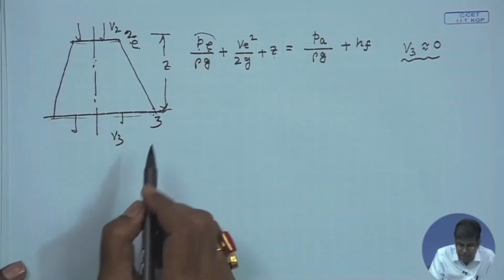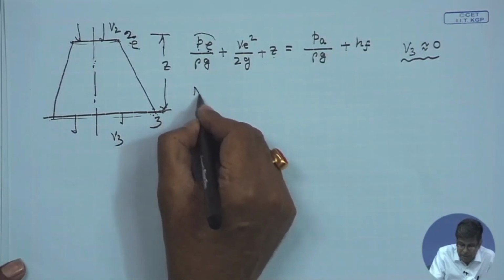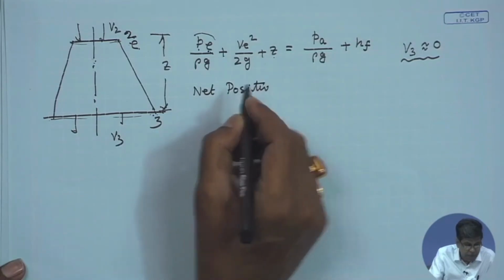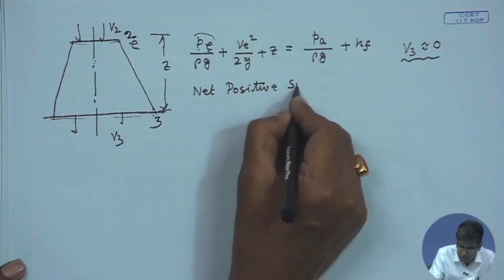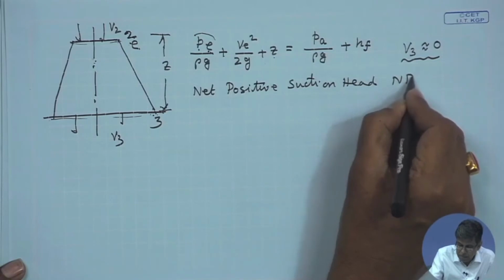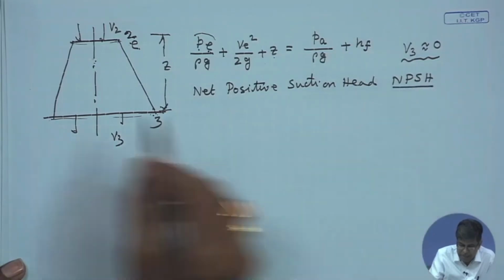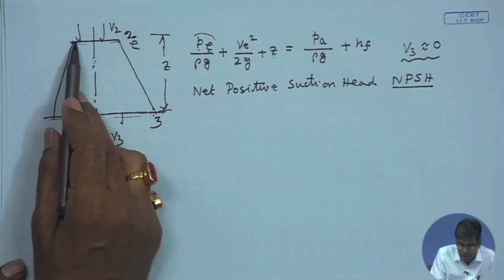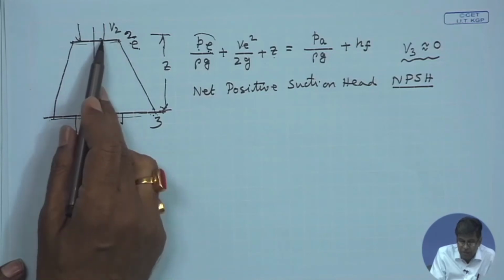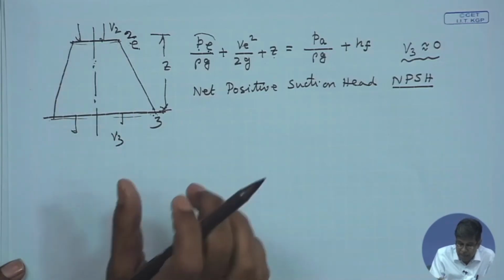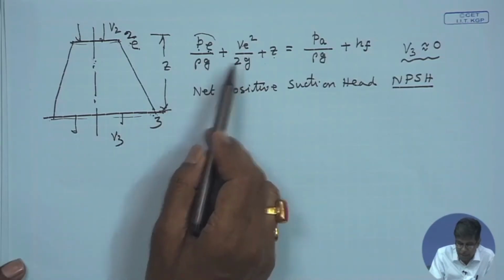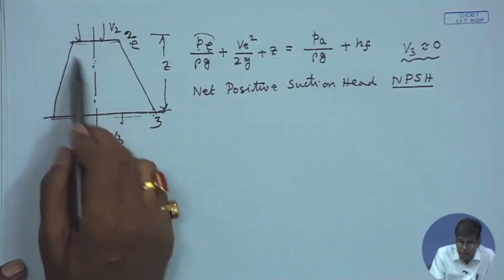Now, in this connection a terminology is defined, known as net positive suction head, NPSH, which is defined as the available suction head at the inlet to the draft tube, total available suction head inclusive of the dynamic head, that is, the pressure head and the dynamic head over the vapor pressure head.